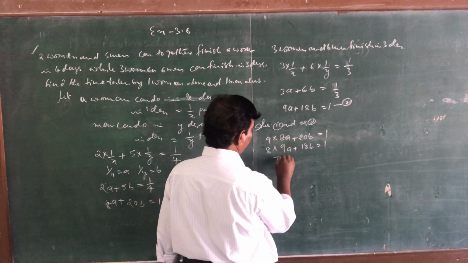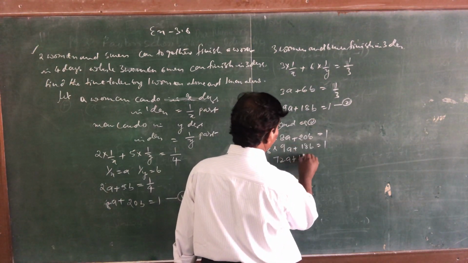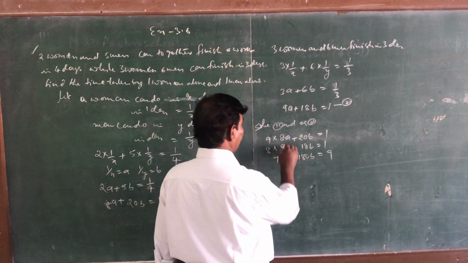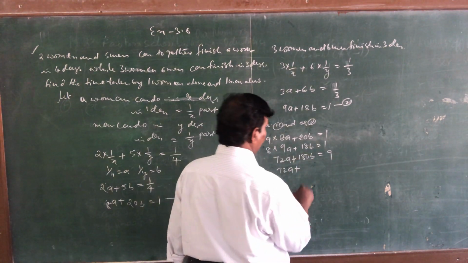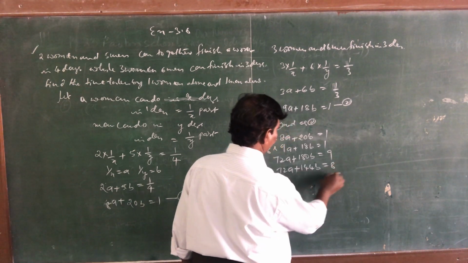9 8s are 72A plus 9 20s are 180B is equal to 9. 8 9s are 72A plus 8 into 18, 144B is equal to 8.